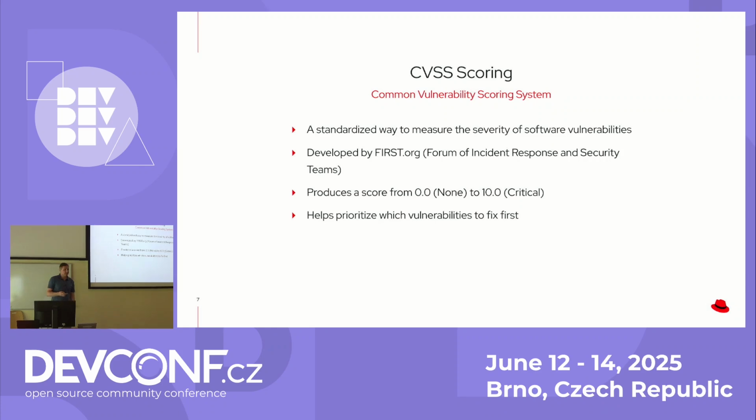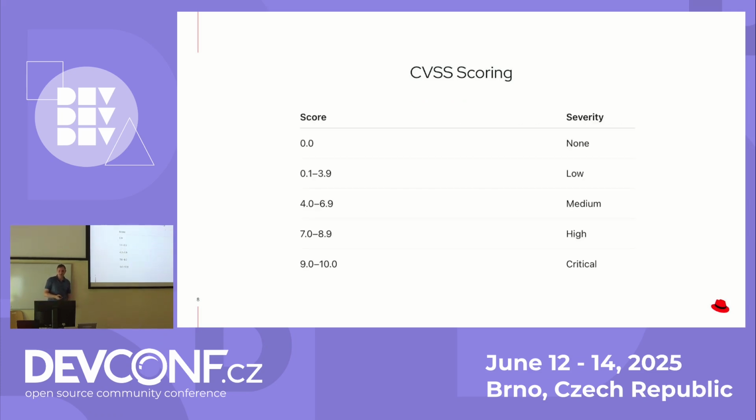It's a system designed to attach a score number to the vulnerability from 0 to 10, meaning from nothing to super critical. It's used by product security teams to prioritize work on fixing and patching the systems, right?